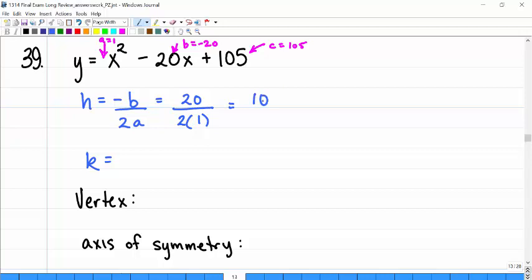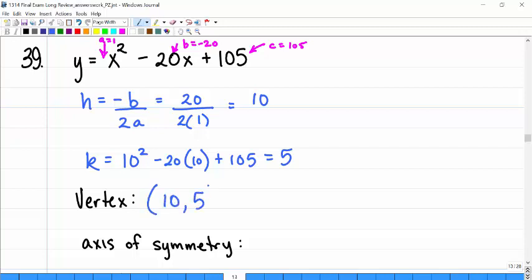To get my k, I plug 10 back into my original function, and I get 10 squared minus 20 times 10 plus 105. 100 minus 200 plus 105 is just 5. So my vertex is the coordinate 10, 5.